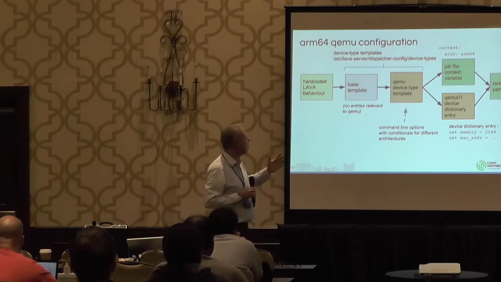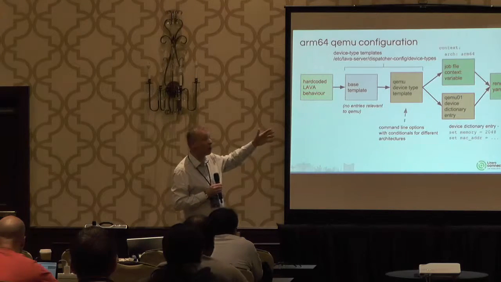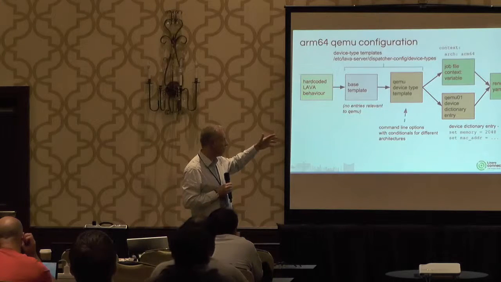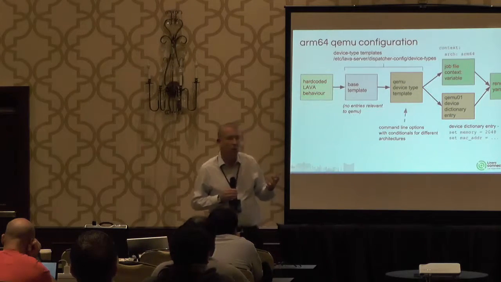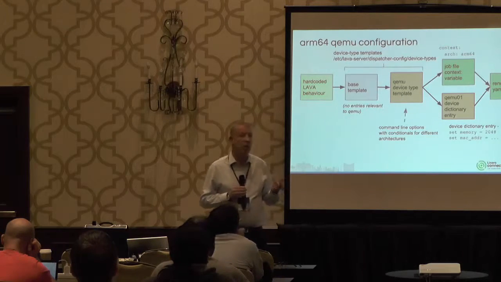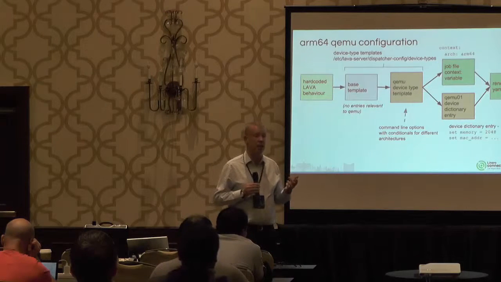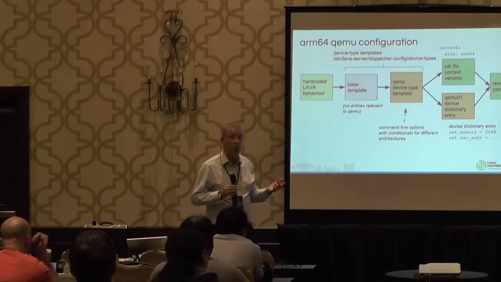So as I say, that command line comes from this hierarchy of how Lava models the QEMU device. And interestingly, for a virtual device, QEMU can run an x86 job, it can run an ARM64 job. You don't actually have to tell it what architecture it's emulating until you submit the job.